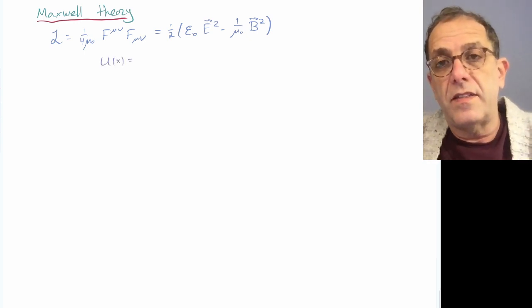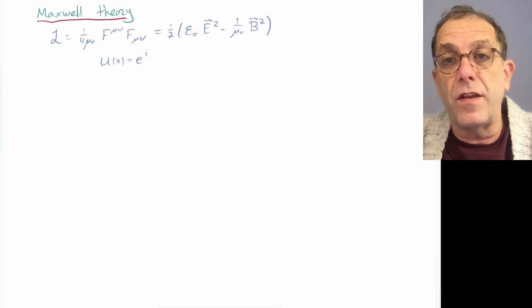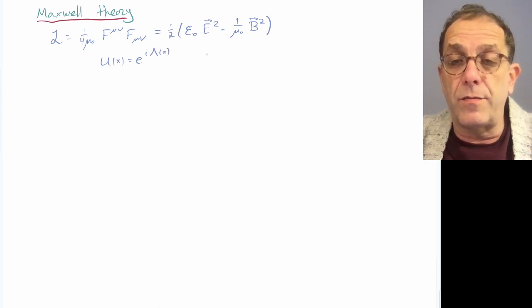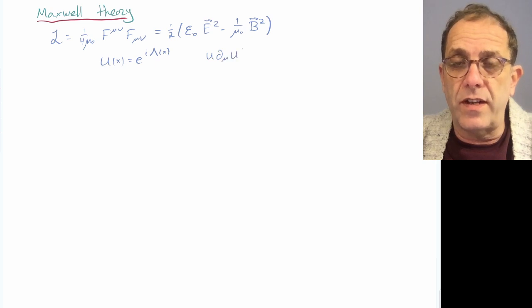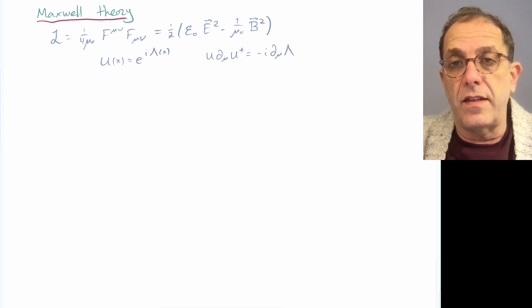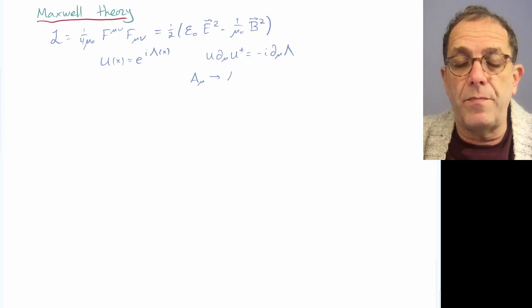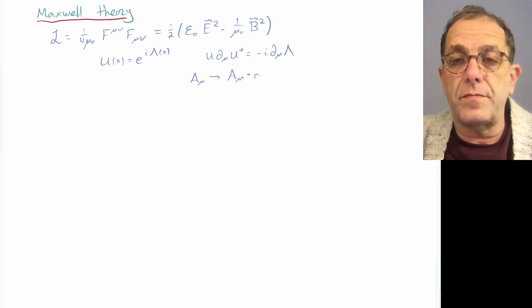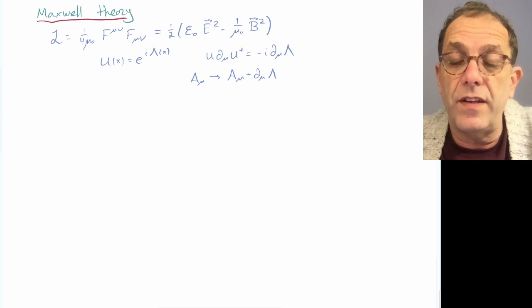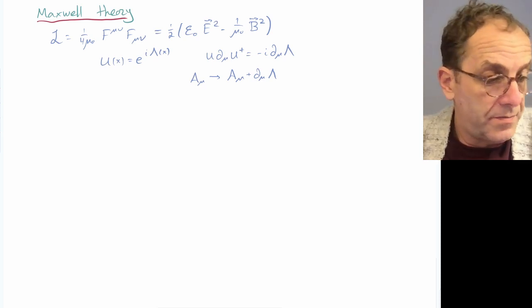In this case, the element of the group associated with gauge transformations, U, we can just write it as e to the i lambda, where lambda is an arbitrary function, and then this derivative term is just the derivative of lambda, and the gauge transformation of the gauge field is as you're used to in electromagnetism.